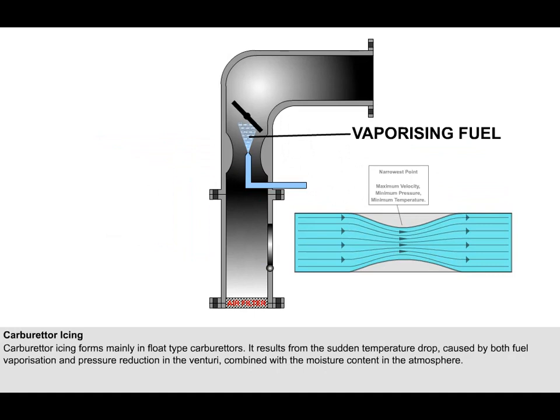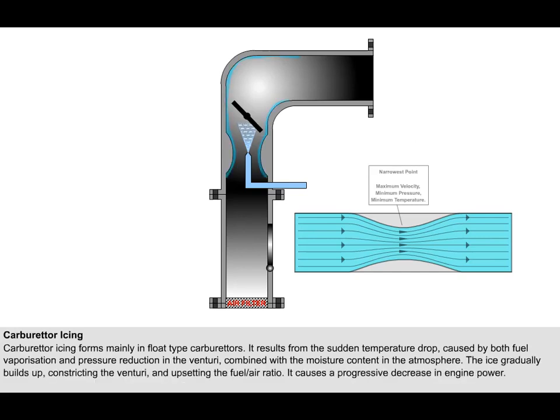The temperature of the air is further reduced by the vaporizing fuel removing heat from it. The temperature reduction may be as much as 20 to 30 degrees Celsius and results in moisture in the induction air forming ice. The ice gradually builds up, constricting the venturi and upsetting the fuel-air ratio.